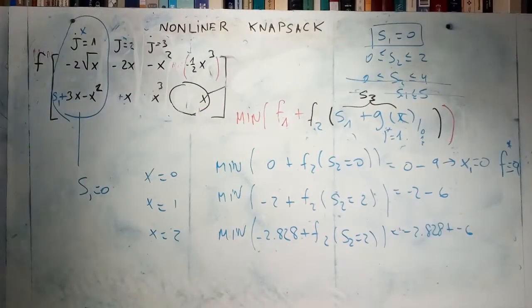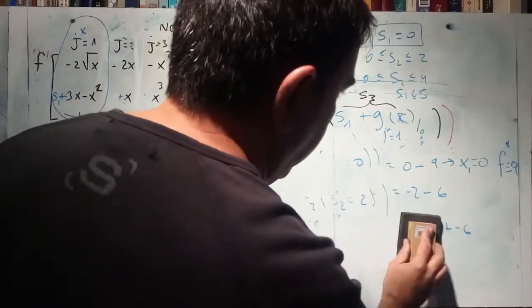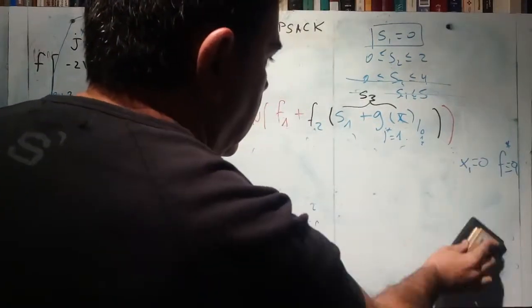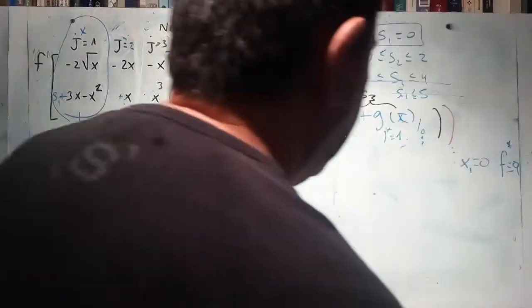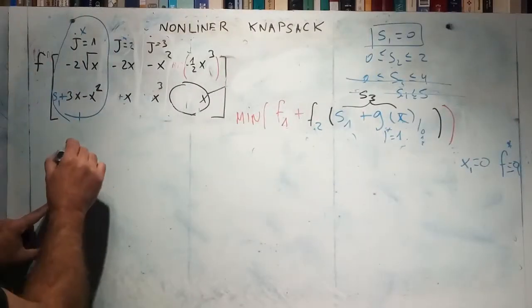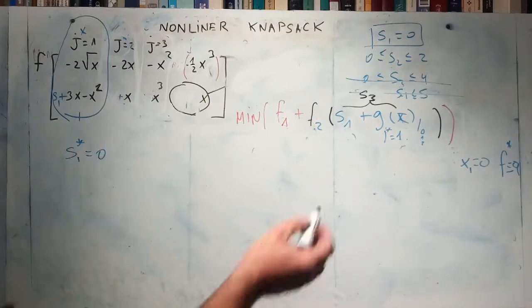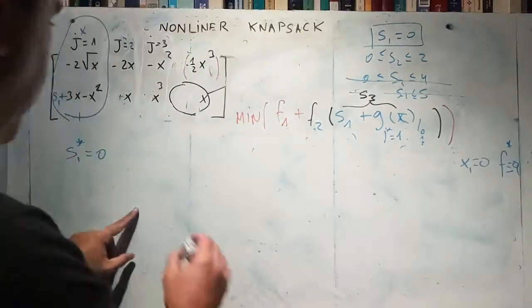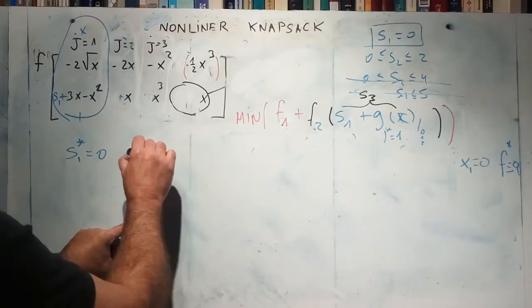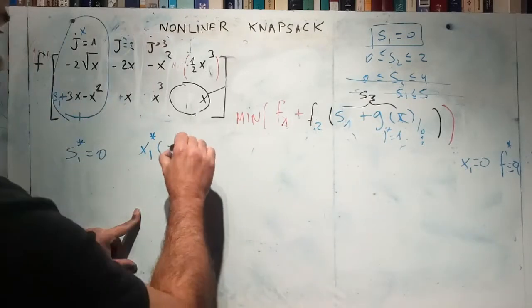So what we can do now is backtracking, because now we have to do it in reverse using the Bellman formula. In the first stage, we have seen that the optimum variable was S1 star with a value of 0, because there were no other possibility, and the value for x1 star being 0.